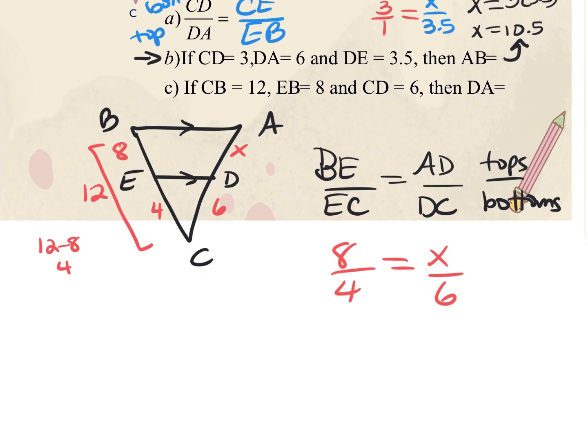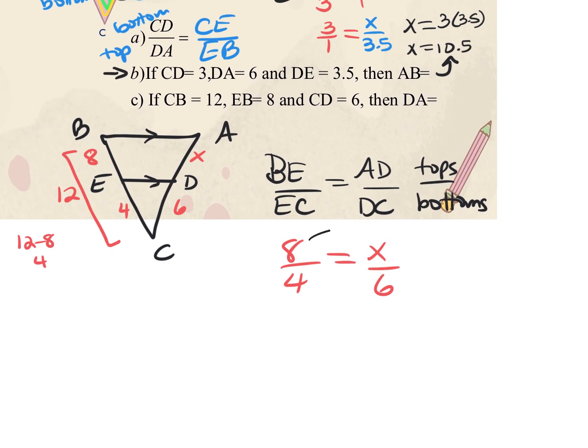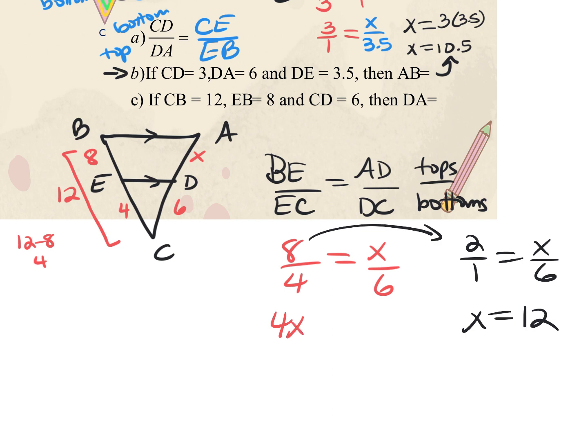So what we could do here is you can either solve it this way, or you can choose to simplify the 8 over 4. If I simplify the 8 over 4, this becomes 2 over 1, and then X over 6. And then when you cross multiply, it's just X equals 12. If you solved it without simplifying, the cross products would give you 4x equals 48.